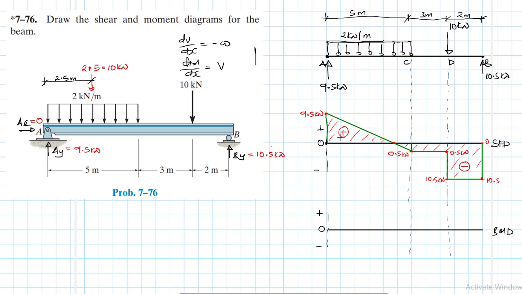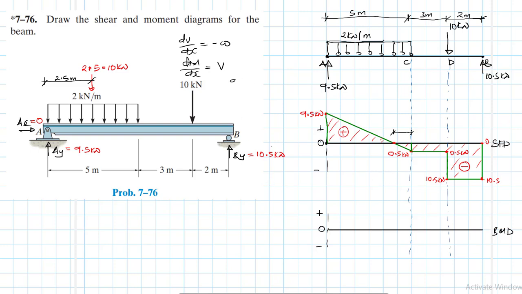So what we need to do now is to just find this length. So for now we are going to find this length here. Alright, so let's do it.